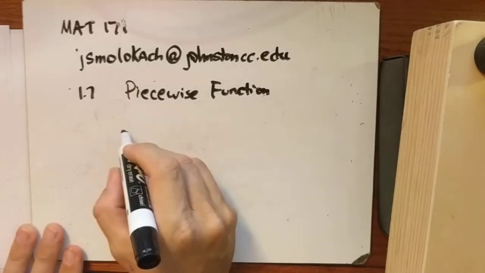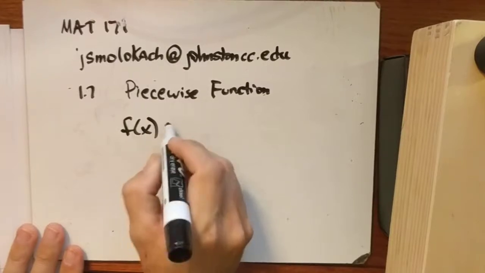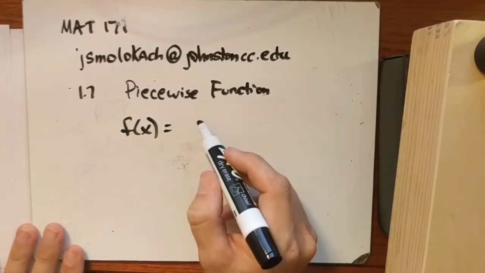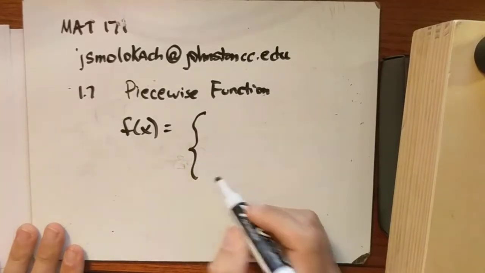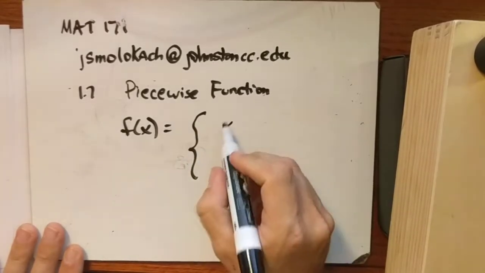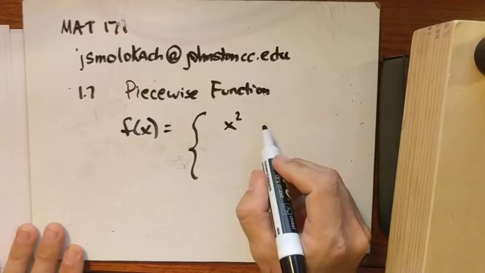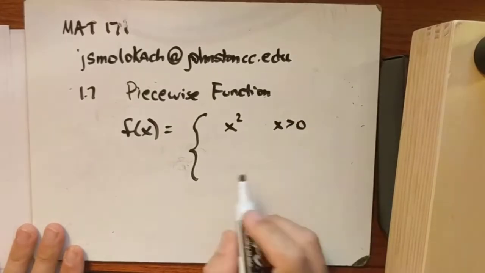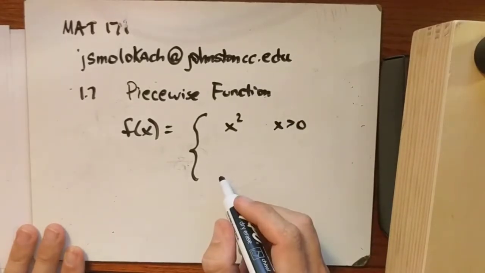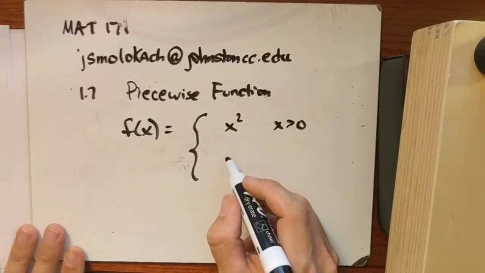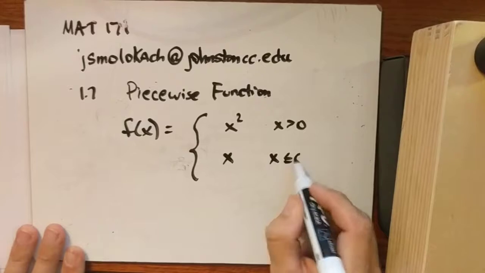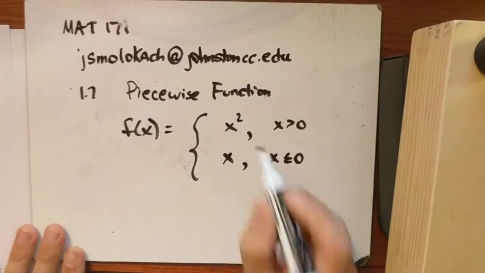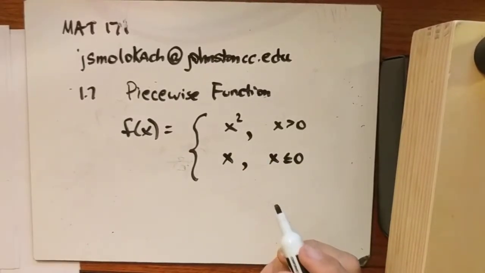But an example of a piecewise function, just very quickly as an overview, is a function that's defined in pieces with a curly brace like this. So let's say that we have x squared when x is greater than 0, but we'll have x when x is either 0 or less than 0. So there are different pieces going on, right?